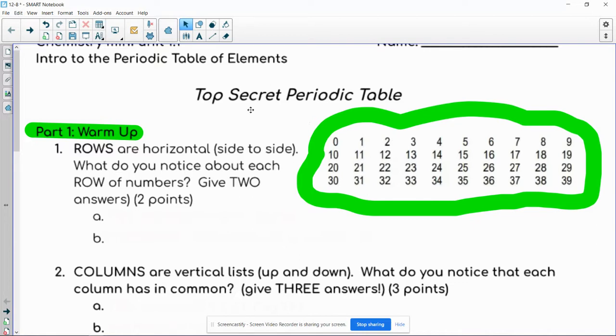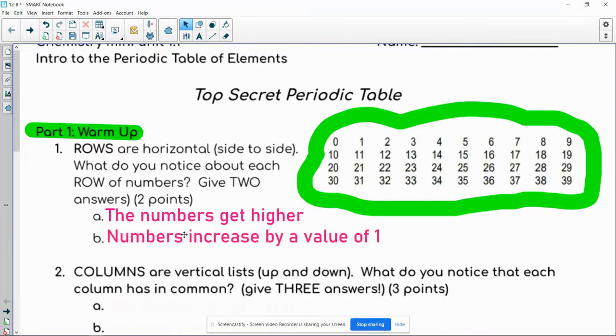And so if I look at this, what are some trends that I see, or what are some things that the rows left to right have in common? Typically, if we were in class, we'd raise your hand and call on somebody. But a couple of things that I notice is that the numbers get higher and they increase by 1.